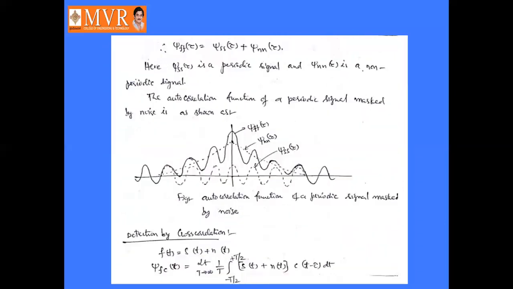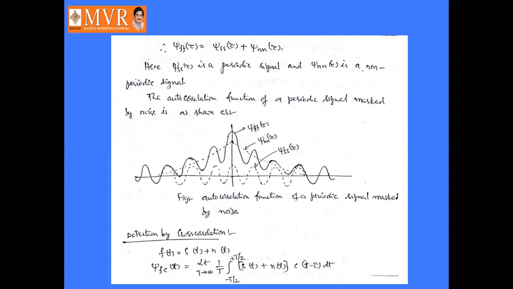Then chi ff of tau is equal to chi ss of tau plus chi nn of tau. Here chi ss of tau is a periodic signal and chi nn of tau is a non-periodic signal, right? S of t is a periodic signal, n of t is a non-periodic signal.